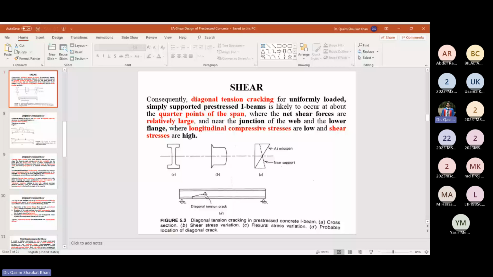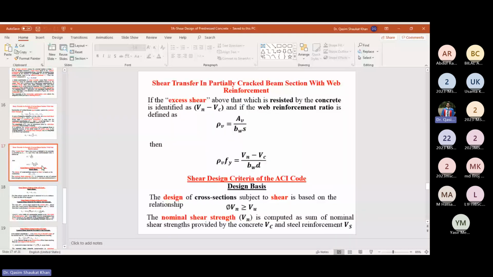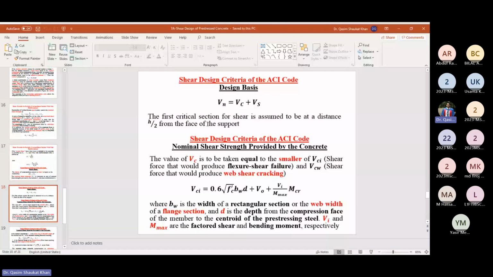But the point we are talking about here is the critical section for the shear, and this critical section is assumed to be at a distance h/2 from the face of the support. It's the critical section where the shear is large.